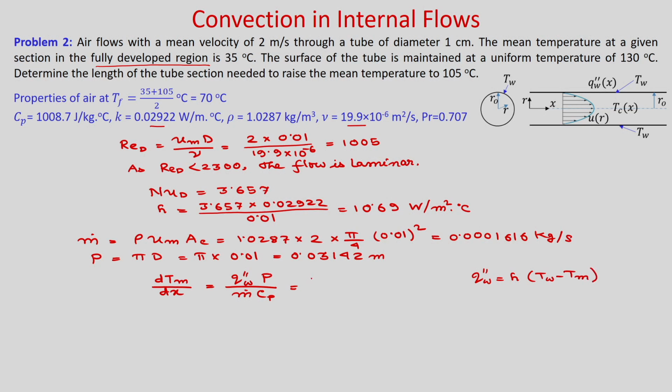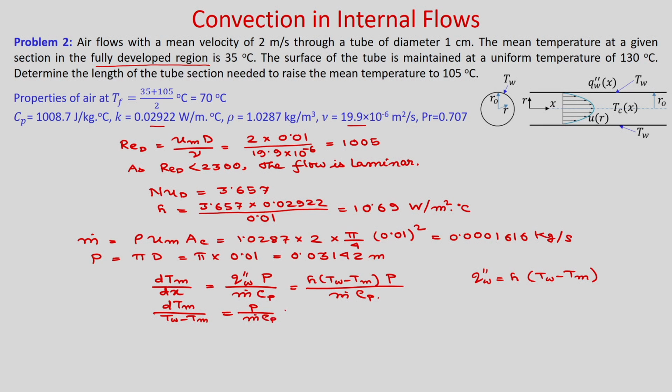So, this you can write as h (Tw minus Tm), perimeter we have calculated, divided by m dot into Cp.